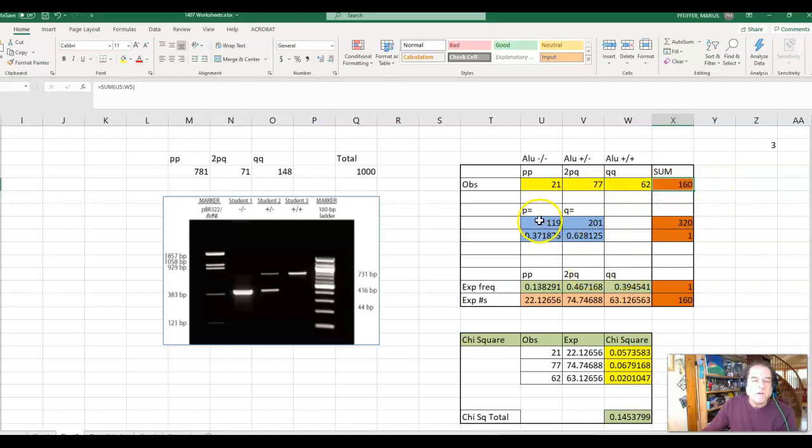And then we can go ahead and start calculating our Hardy-Weinberg terms from this. So we need to know the number of P alleles, that's this allele, or the negative allele. We need to know the number of Q alleles, the positive allele, using ALU terminology right here. And that's easy. It's 2 times this plus this. So it's 21 twice, because all 21 of these people have 2 copies of this allele.